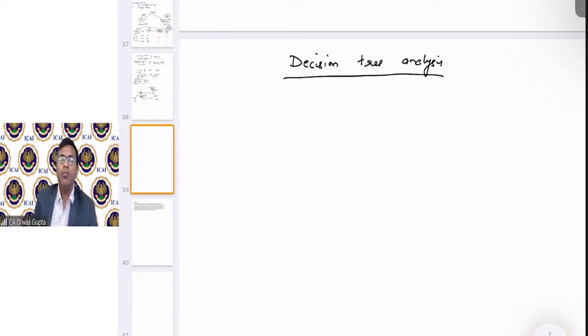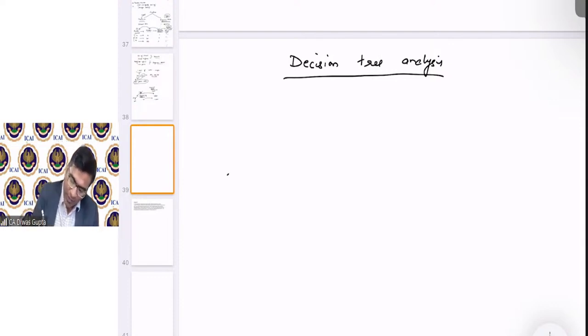Because we try to build the tree in such a way that whether the outcome will be positive or whether the outcome will be negative. And we try to arrive at the values at the different nodes and take it to the first level. I will explain in detail. We have some very good questions also on the decision tree. But before we go there, we just need to understand some of the basics of decision tree.